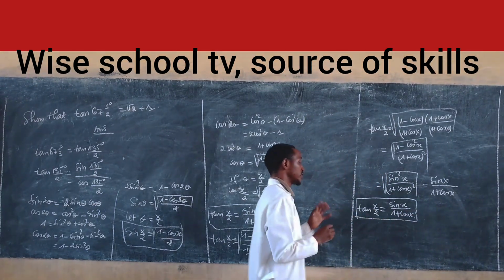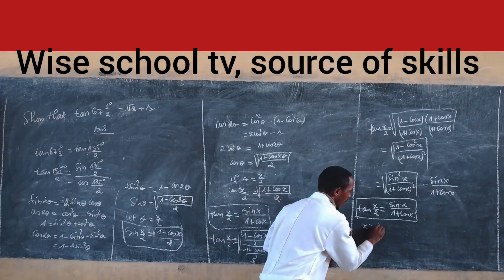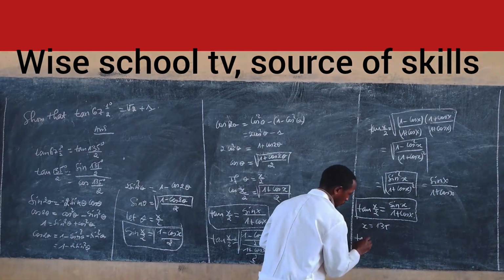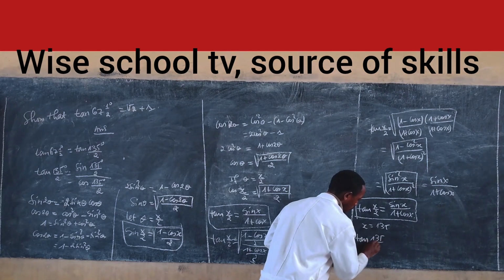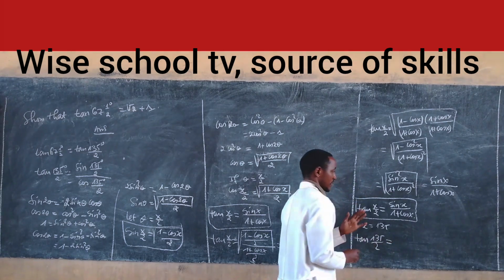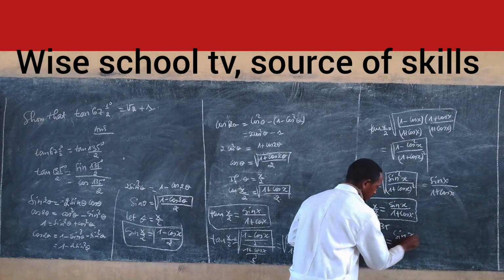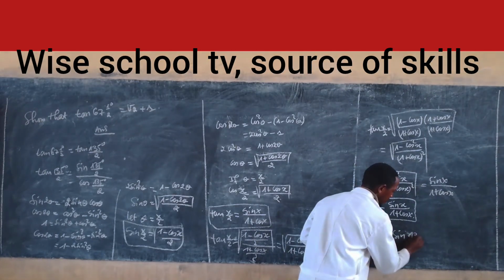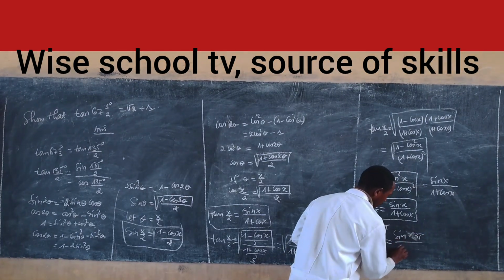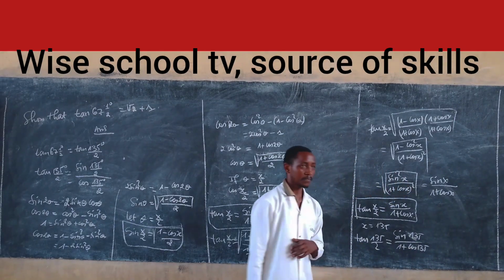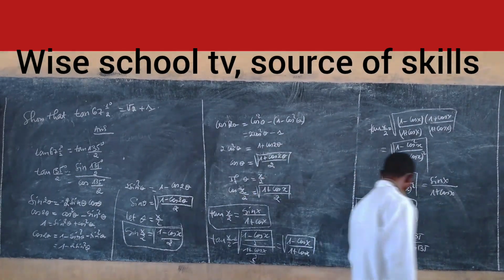So in our question, x is 135. Then tan of 135 over 2 is equal to sine of 135 divided by 1 plus cosine of 135. So how to find this?